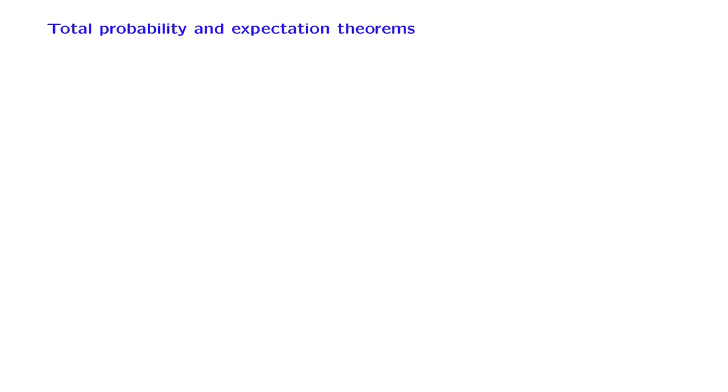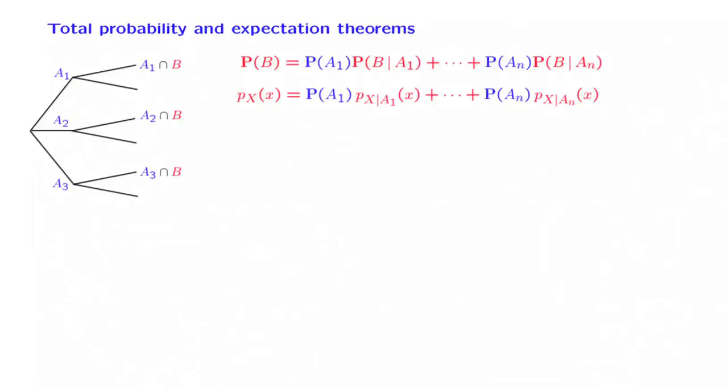We have already seen a few versions of the total probability theorem, one version for events and one version for PMFs. Let us now develop a continuous analog. Suppose, as always, that we have a partition of the sample space into a number of disjoint scenarios, 3 scenarios in this picture, more generally n scenarios in these formulas.